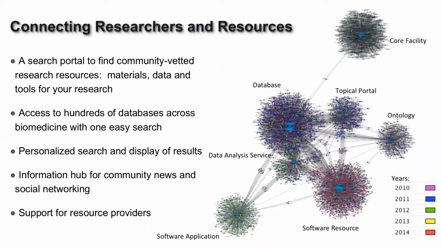We allow for more personalized search and display of results based on the community that you might be coming into the system from. And we also provide the ability to push information out, so be an information hub for the community itself. And we also provide support for some of the resource providers that have information within the system, and I'll talk through a number of these different areas.